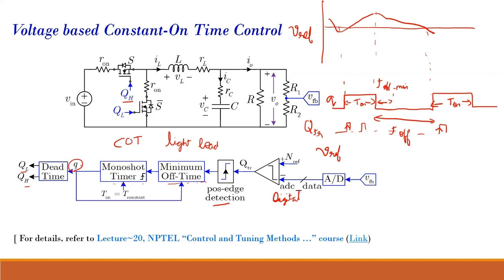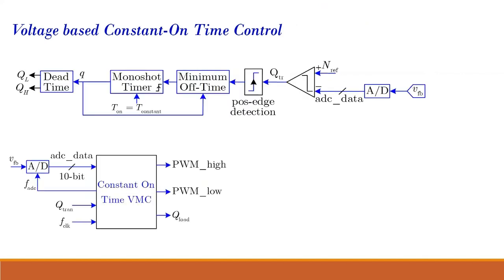Okay, so I'll proceed further. To implement this, we have a constant on-time VMC. This is our main module. It will generate high side, low side gate signals. Q load is for load transient, which is ignored; we can give certain transients, but they are not considered here. F clock is the high frequency clock signal.